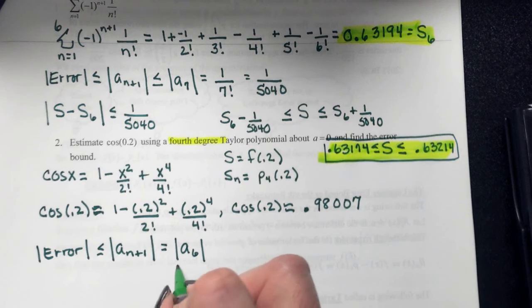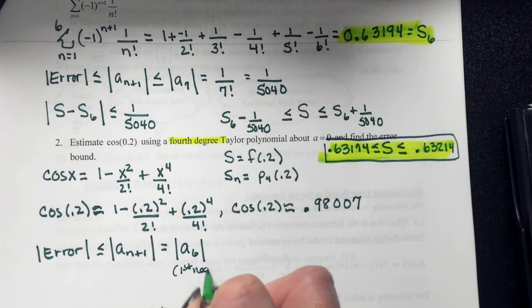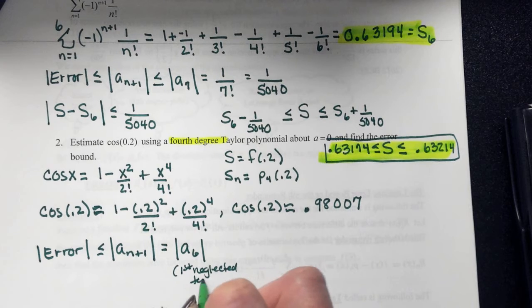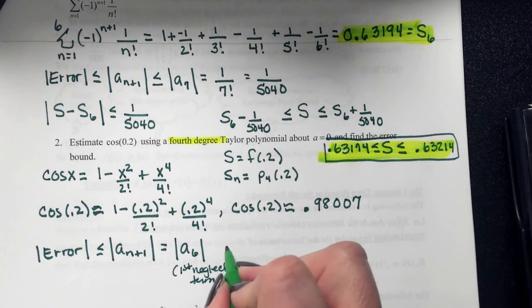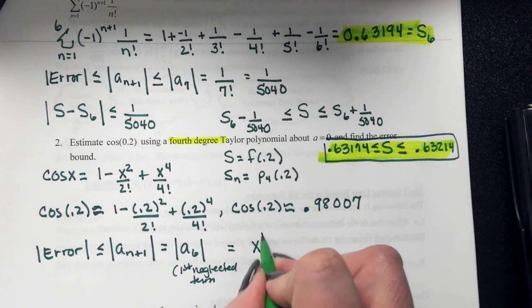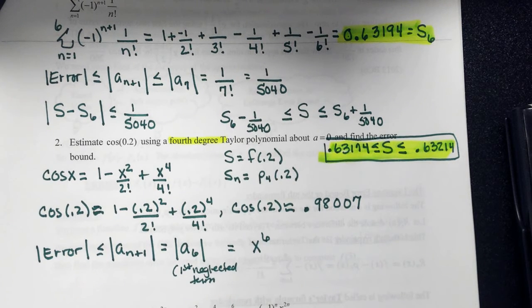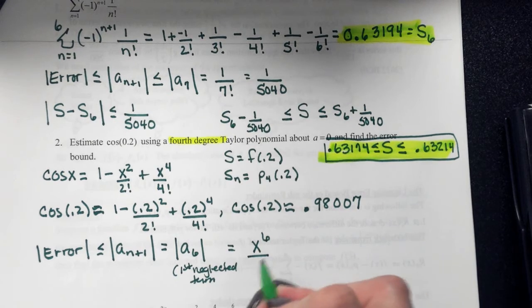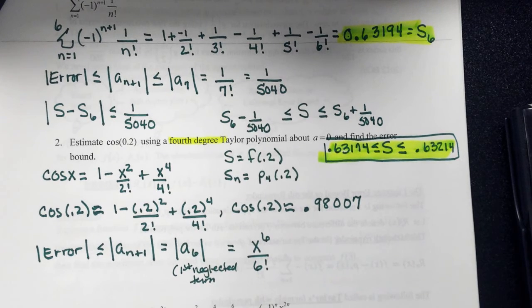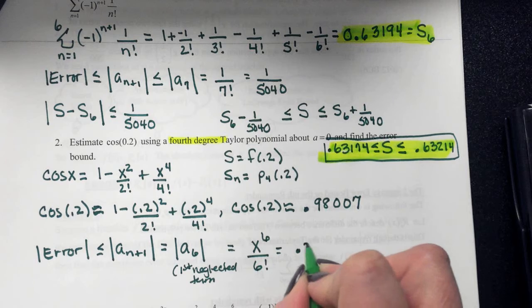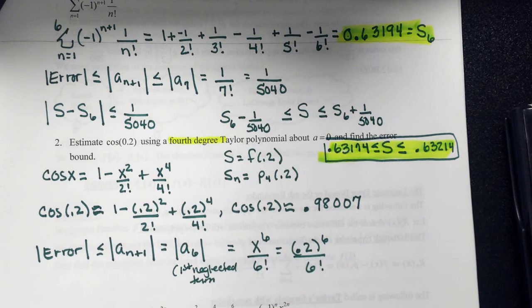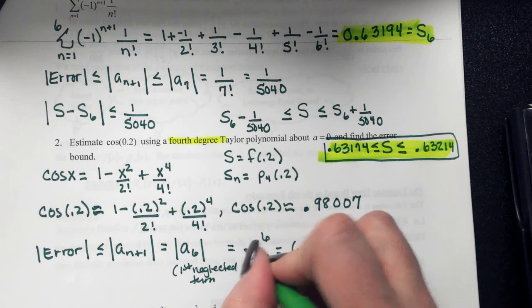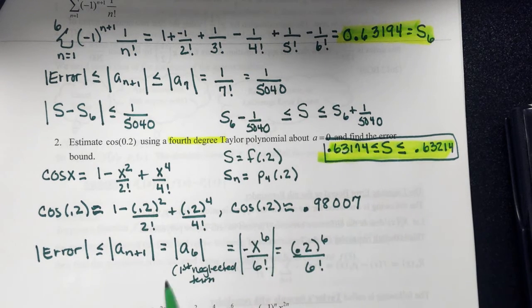Again, this is my first neglected term. In this polynomial, the 6th term is x to the 6th over 6 factorial, so I can plug in 0.2 raised to the 6th power all over 6 factorial. Now, I know this would actually be negative, but remember I'm taking the absolute value of the term.